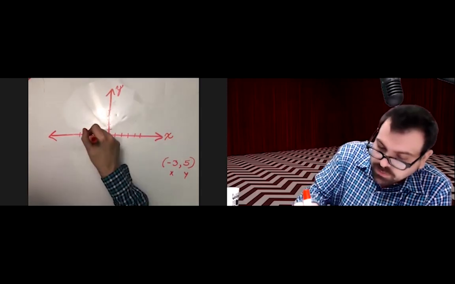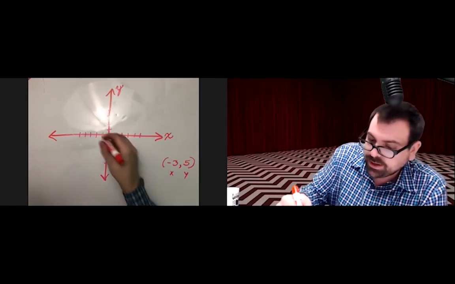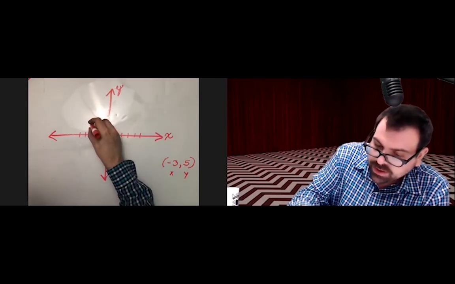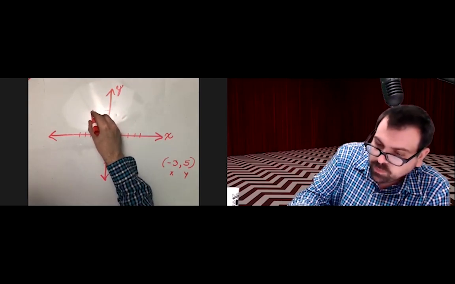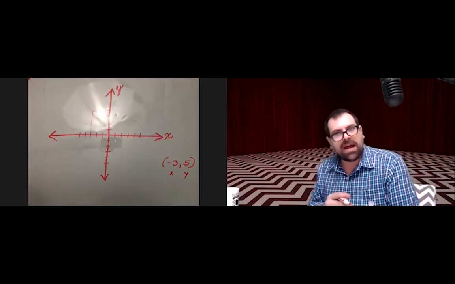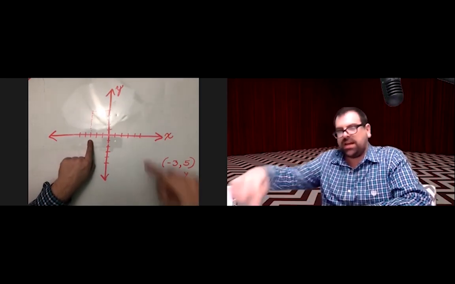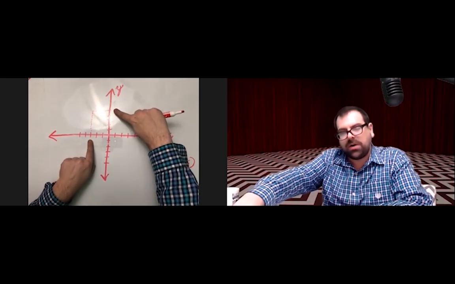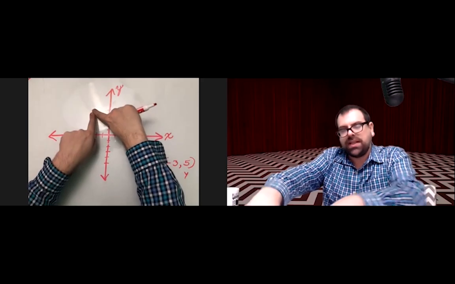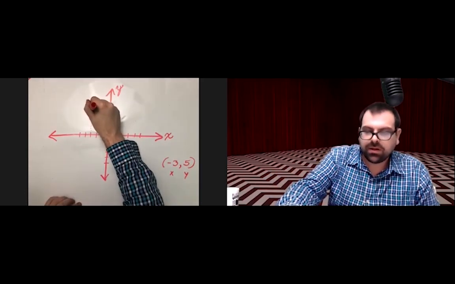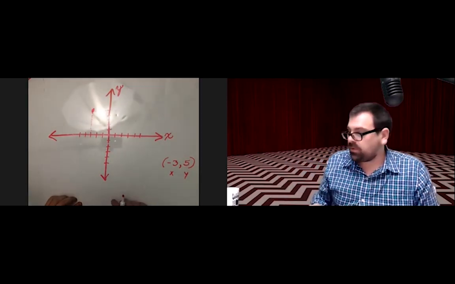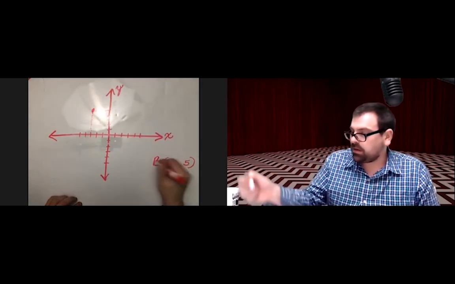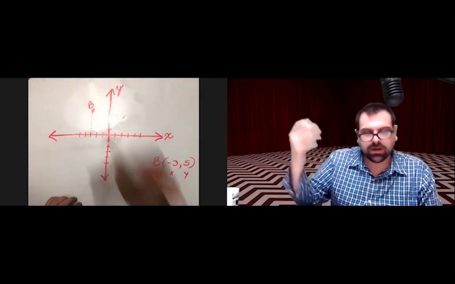Now, I'm not going to put a mark here and a mark there, but I am going to tell you to imagine where these intersect, just like Battleship, an x of -3 and a y of +5. Just like Battleship, where they meet is where our point will be. And let's say it's point B. We can call that B.